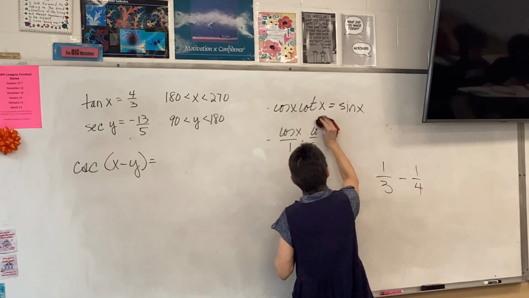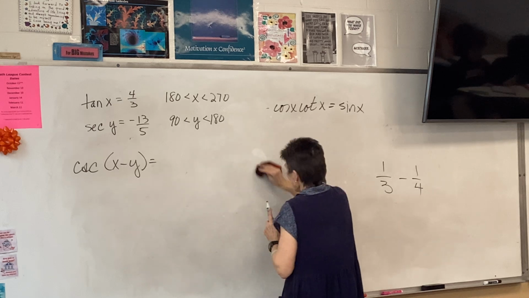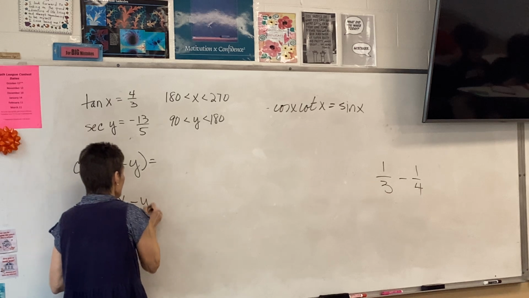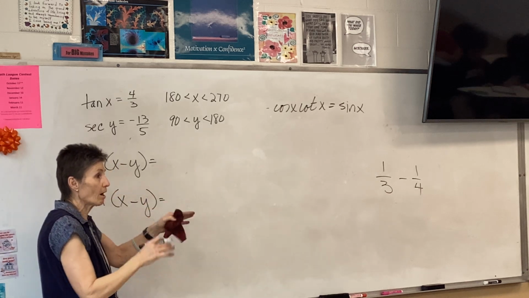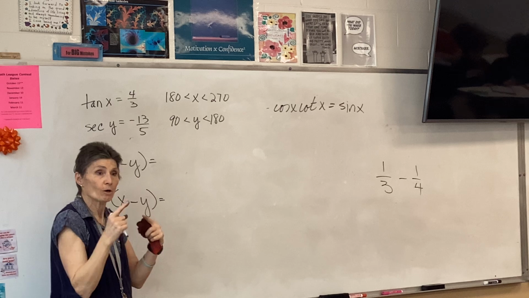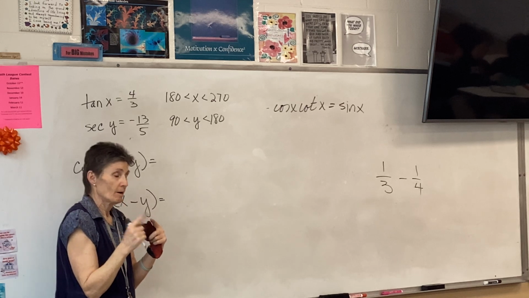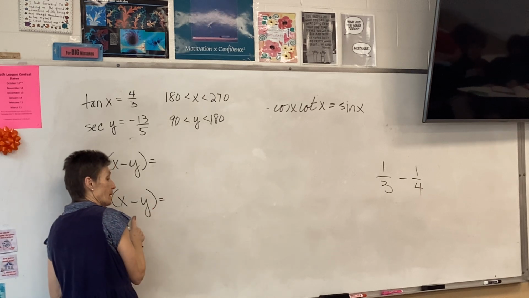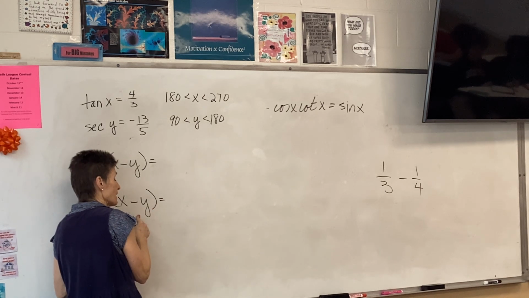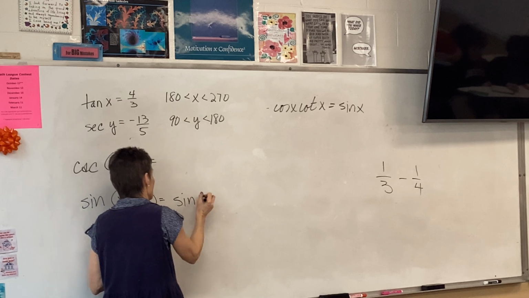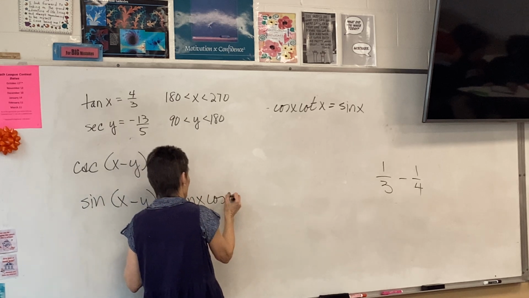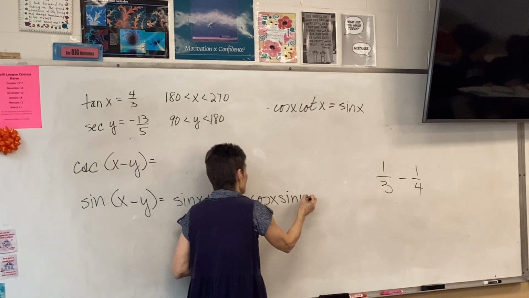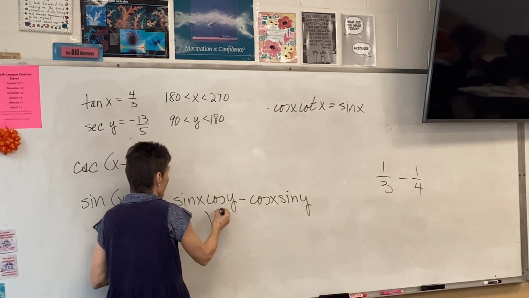Could we think of this as a sine problem temporarily, and then once we get our answer, turn it over? Alright, so let's do that. What is the formula for the sine of x minus y? Sine x cos y, minus cos x sine y. So there's my formula.